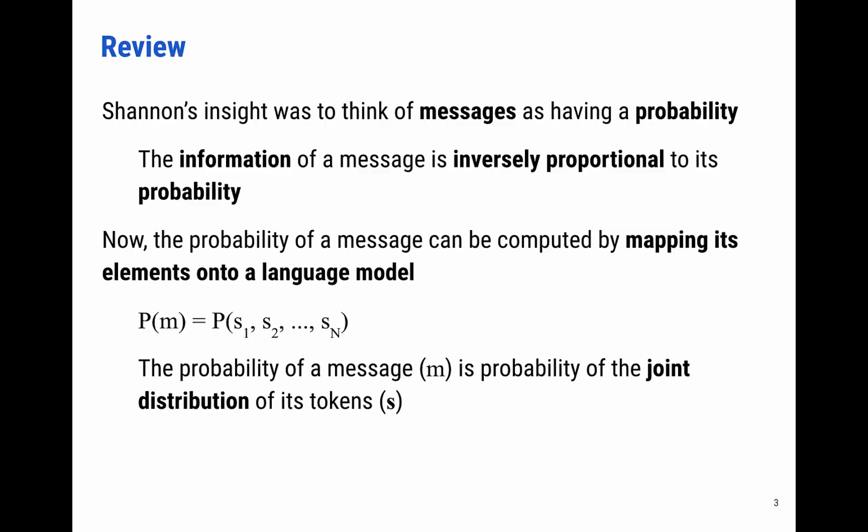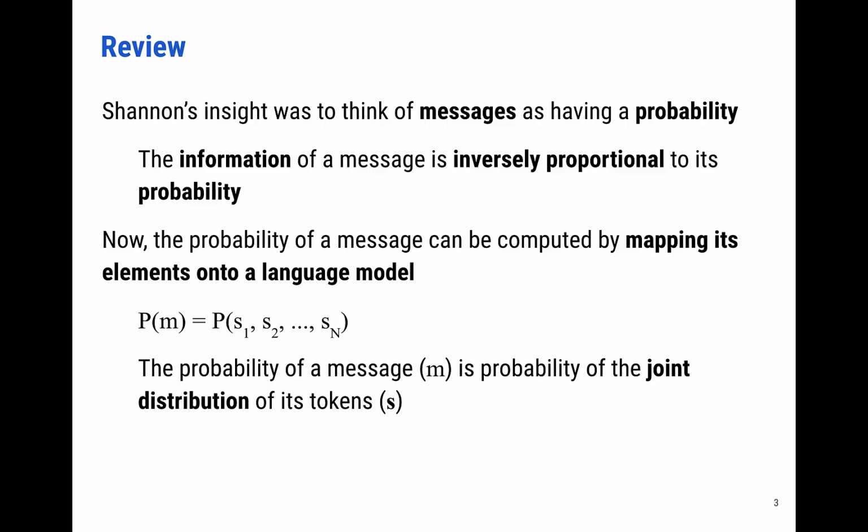The main idea is that every message that is emitted from an information source, that is to say every sentence that is produced by a speaker, say, has a probability value. And the information of the message is inversely proportional to its probability. And that's essentially what the entropy function builds on, that fundamental insight and that fundamental relationship.